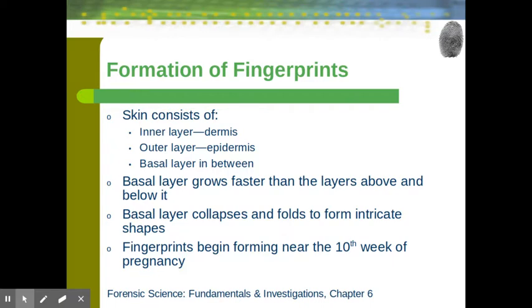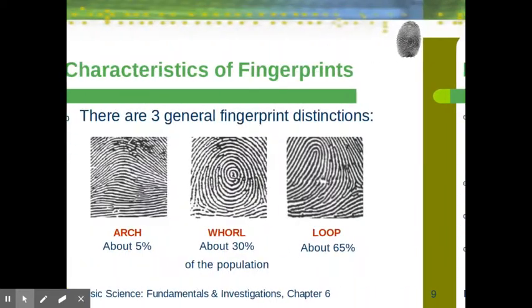What we think is happening is, you have your basic DNA, but then as you're forming in the womb, they think the placement of you in the amniotic sac and the fluids can influence the shape of those fingerprints. So even two identical twins with the exact same DNA in the same womb, they're not in the same space, they're moving differently, and they are going to wind up with different fingerprints.